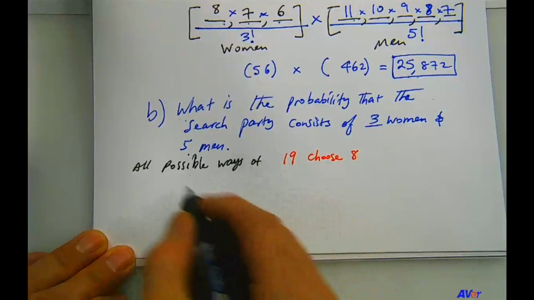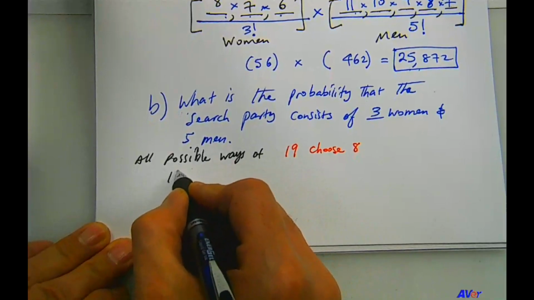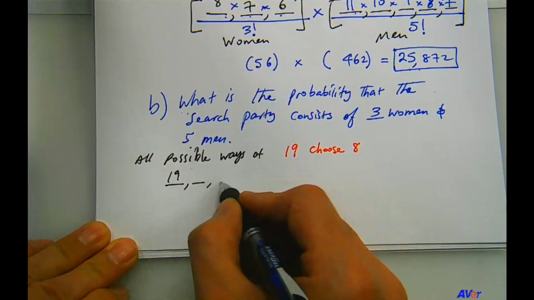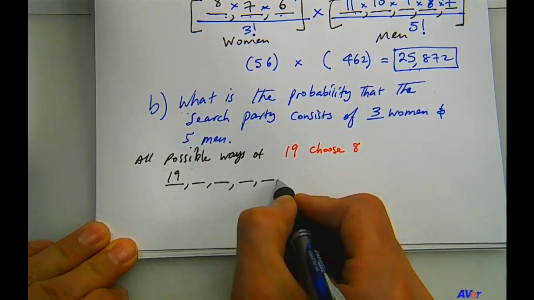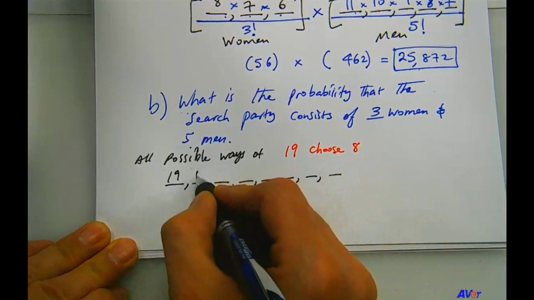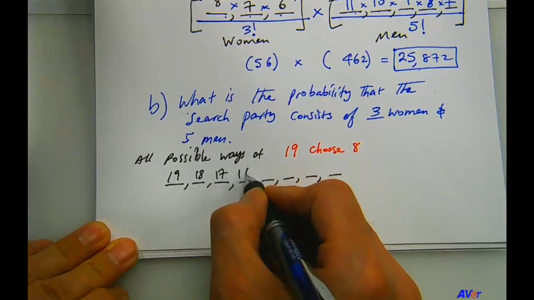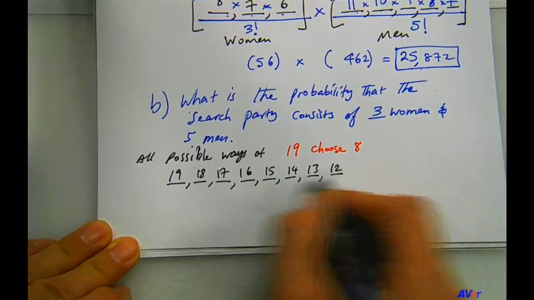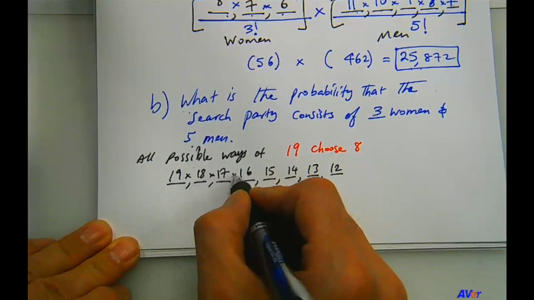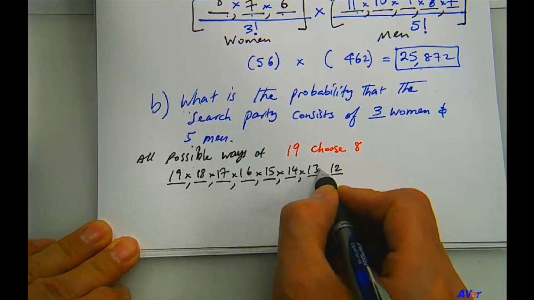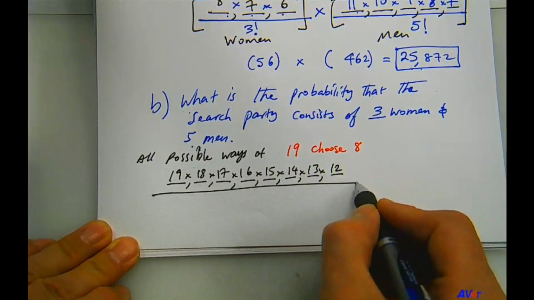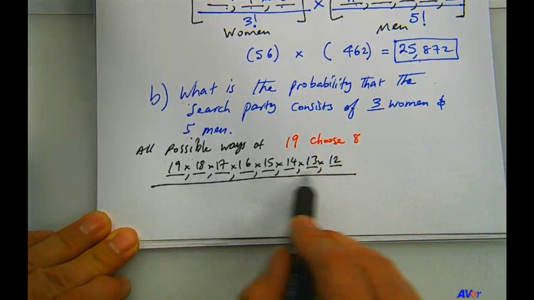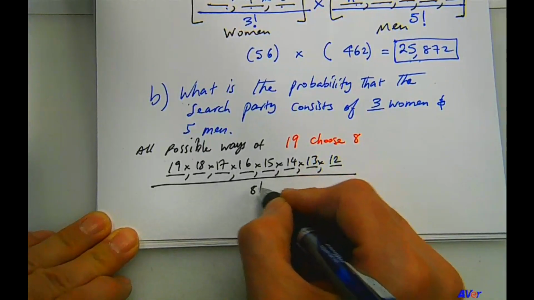Okay, so the reasoning way would be 8 spots to fill, right? 19, 18, 17, 16, 15, 14, 13, 12. Multiply all of these together. You don't want the duplicates. This is order does not matter. So divide by the number of positions factorial, 8 factorial.